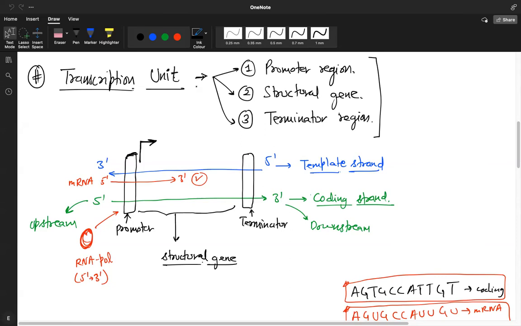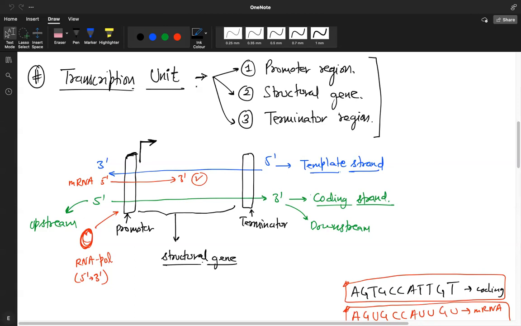But still, you can say, why can't both the strands still be transcribed? So the RNA polymerase additionally also has a direction of action. It can only synthesize new RNA in 5' to 3' direction. So automatically there are two constraints now.